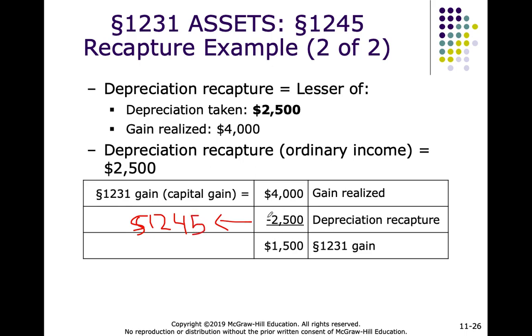Okay, that's recaptured, that's taxed as ordinary gain. And the remainder of 1,500, or the excess over the depreciation recapture, is 1231 gain, or capital. So it will be taxed at capital rates.